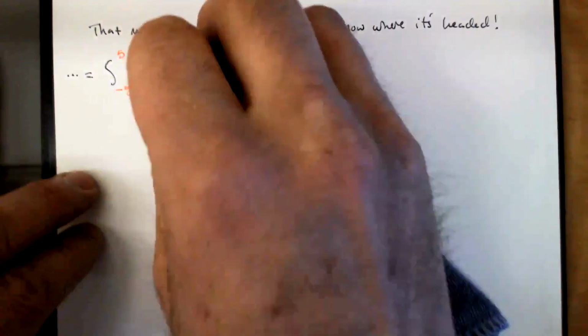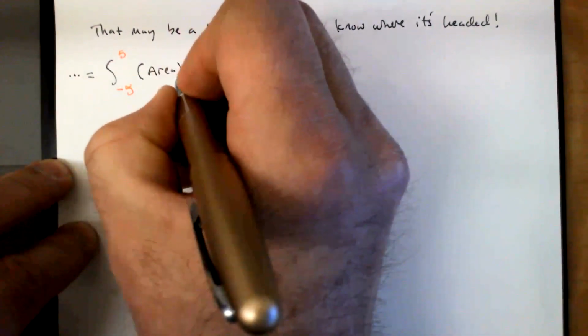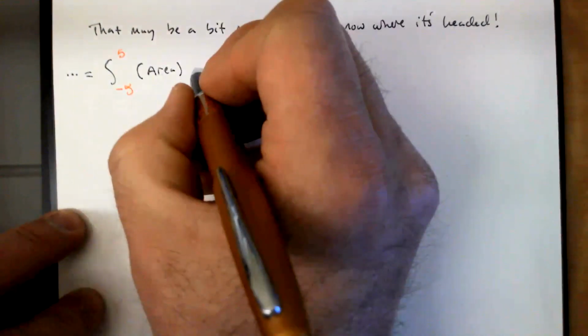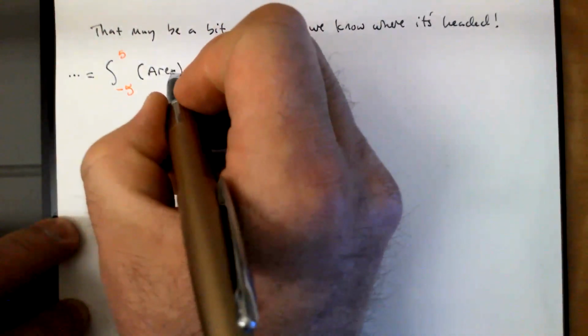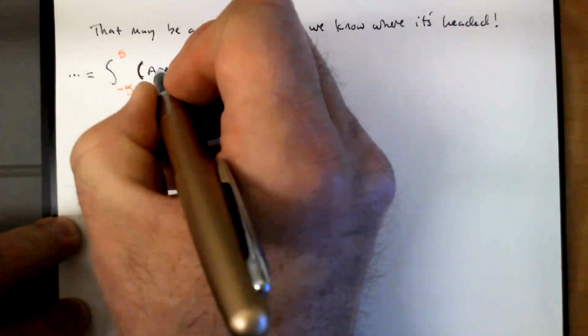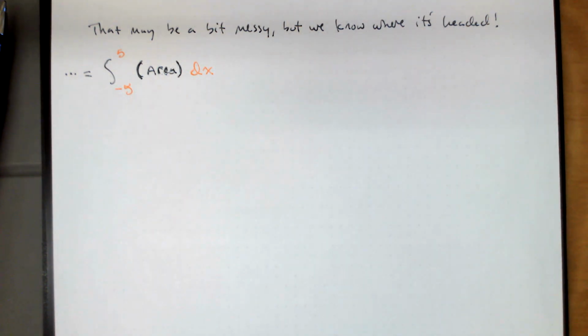Whatever else happens, when we integrate that function, 2 square roots of 25 minus x squared minus y squared, after we plug in the y's go from negative square root of 25 minus x squared to plus square root of 25 minus x squared, we should get a function of x that will tell us the area of the circle from -5 to 5.